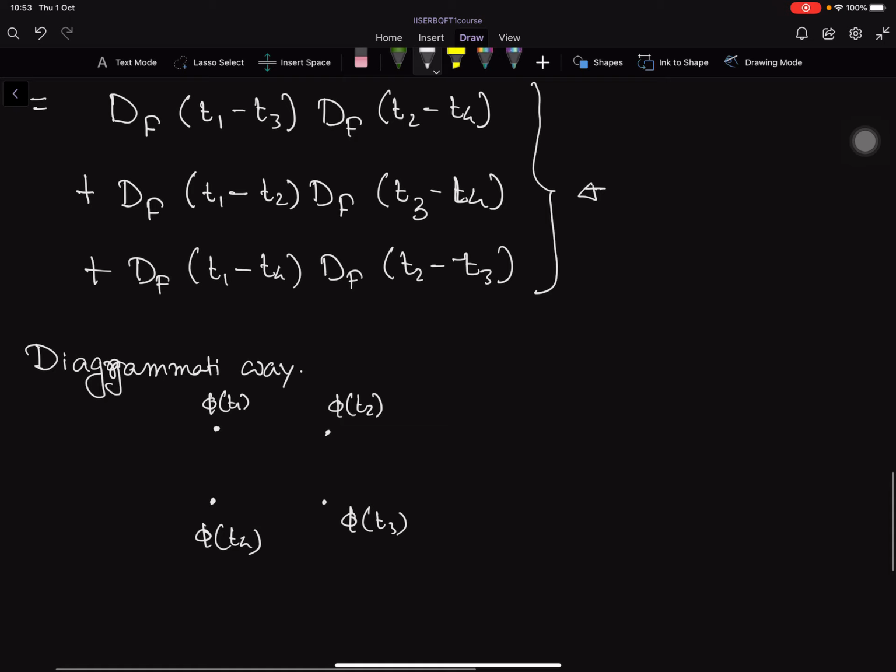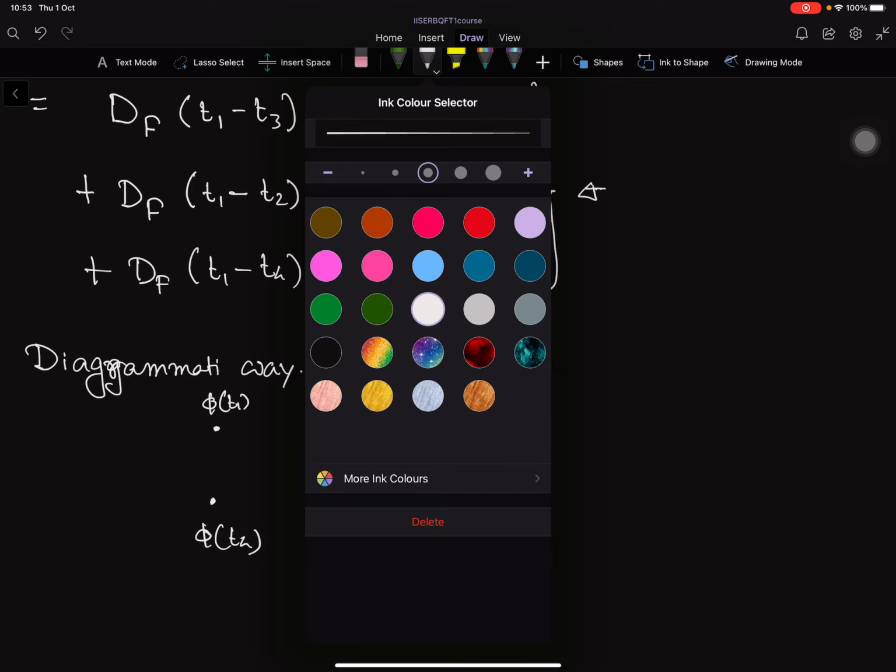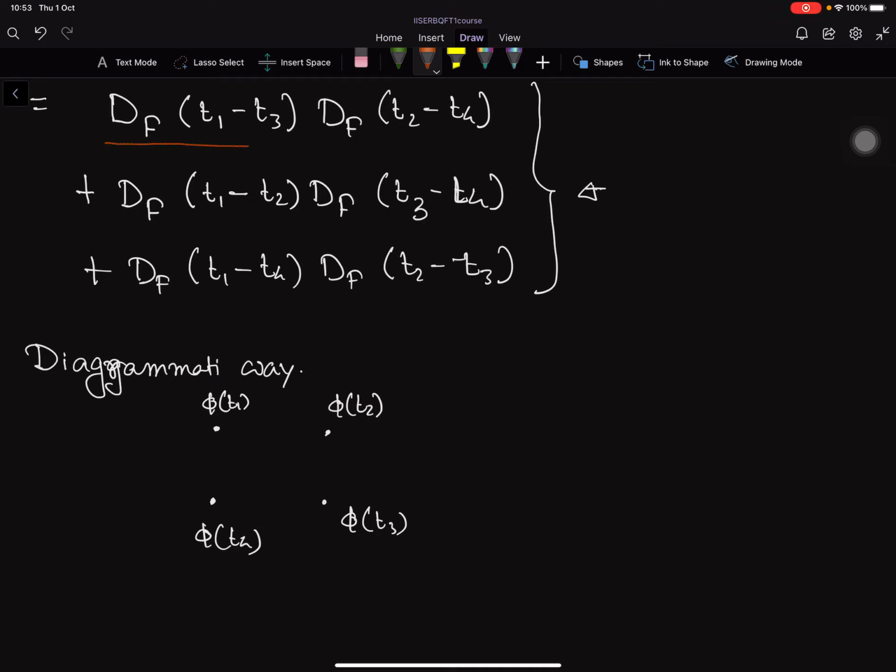Then the first line, let me use some colors. Since this is a propagator between 1 and 3, we draw a diagram like this: 1 and 3 and 2 and 4.